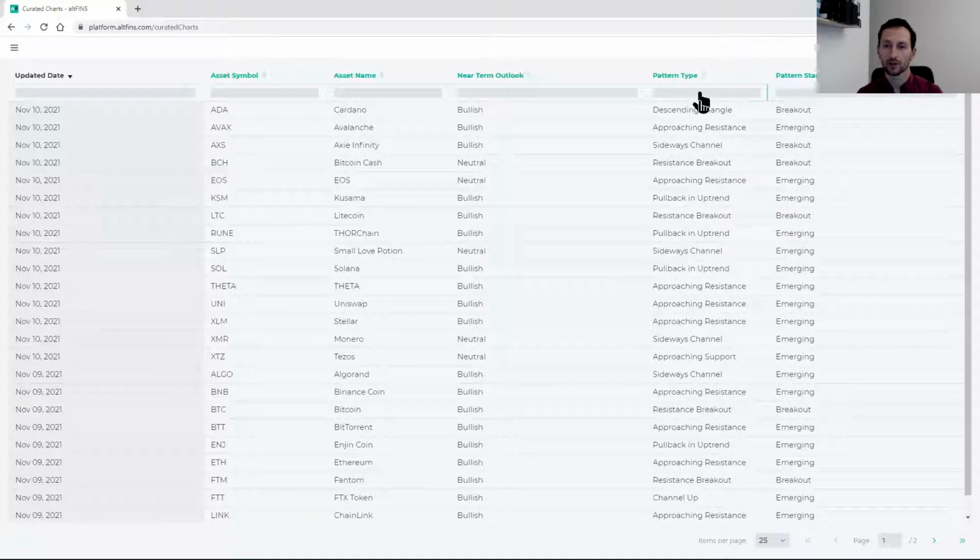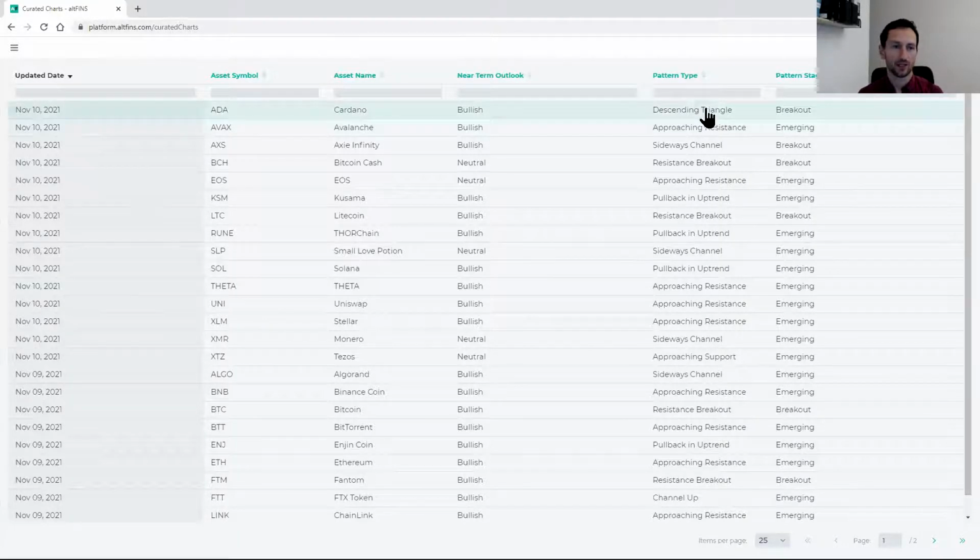And there you can also find some pattern types that you're looking for, whether they're bullish or bearish, or whether they're breakouts or emerging. So this is another area of potential ideas.